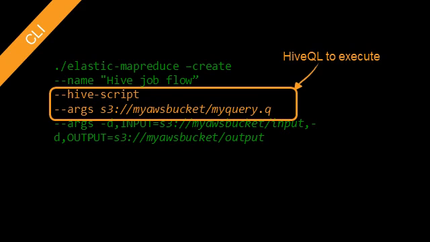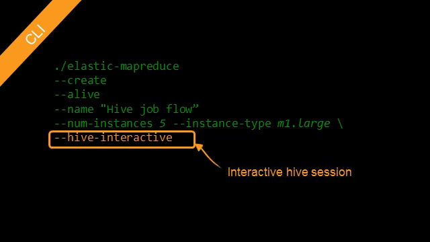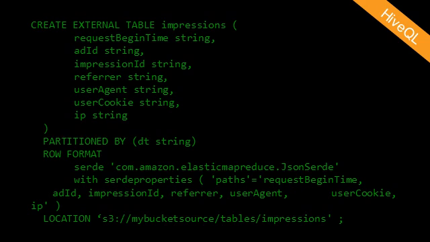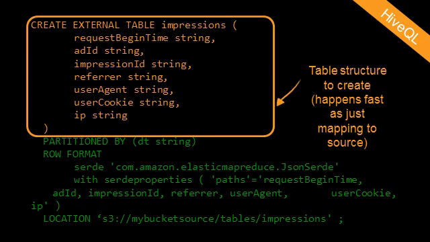And on the CLI, you're looking at something like this. So you can create a Hive job flow. You're basically specifying Hive scripts, which you're once again going to store within S3, specifying those on the command line, and then performing this mapping step. So you can create an interactive session. And then you're going to perform this mapping step. So this is basically where you would point your EMR cluster at an external table.